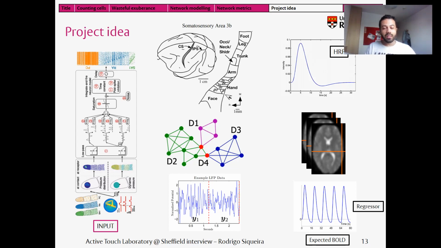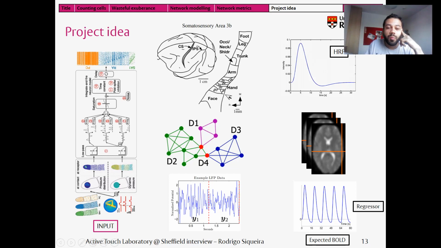So the way I see it, using my background in network science, it is a modular network of simulated neurons. You have here on this image different subsections of the region 3B, because I chose to assume that the hand would be the input, like the feedback from the fibers from the fingers, so I chose to simulate 3B only, from D1 to D5.